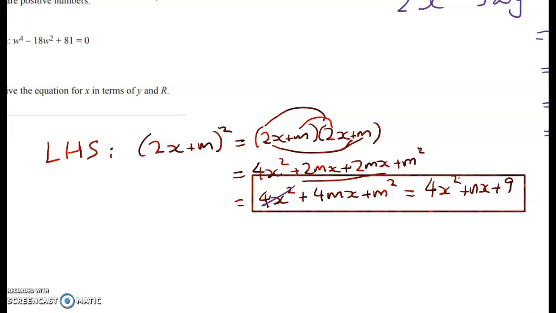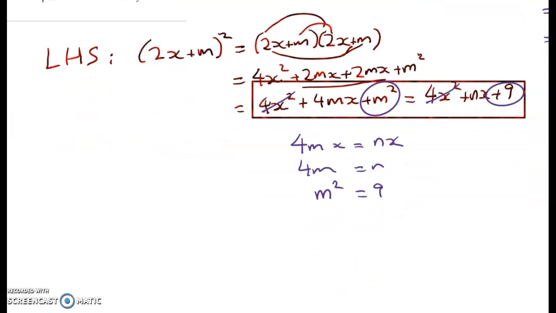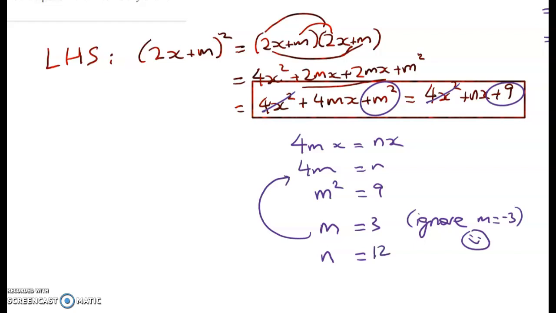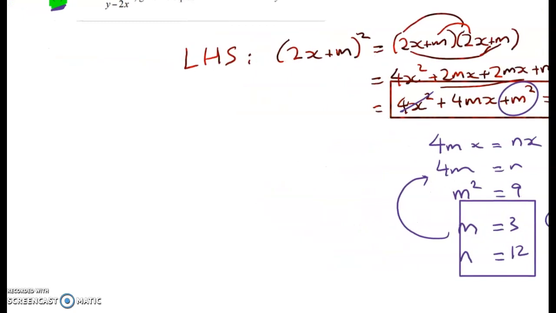Well, we can subtract the 4x squared off each side, so we get 4mx must equal nx, so 4m has to equal n, and we have the m squared must equal 9, and we're told that both of those numbers are positive, so m is equal to 3, and we can ignore m is equal to negative 3. So if m is equal to 3, then n is equal to 12. So that's that question done. So that's a merit question.